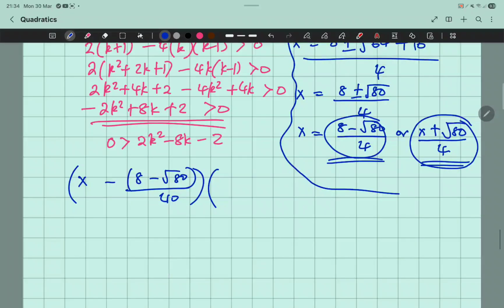This is not x anyway, it's k. And then here also it becomes k plus bracket 8 plus root 80, all that over 4, less than 0.